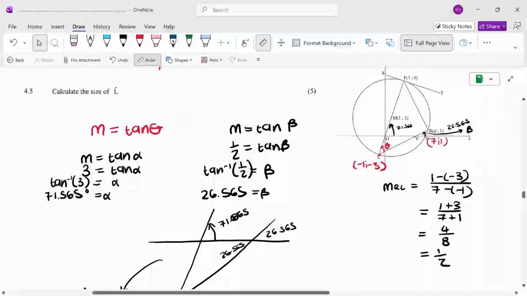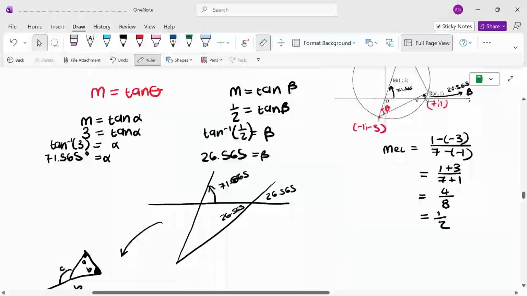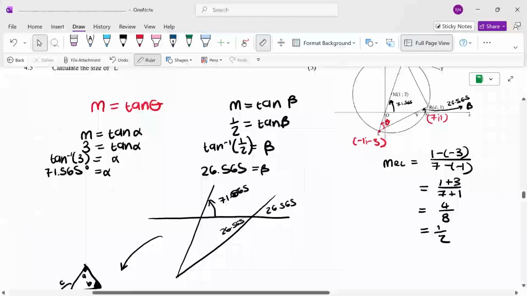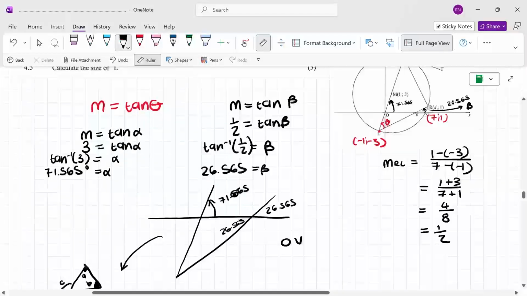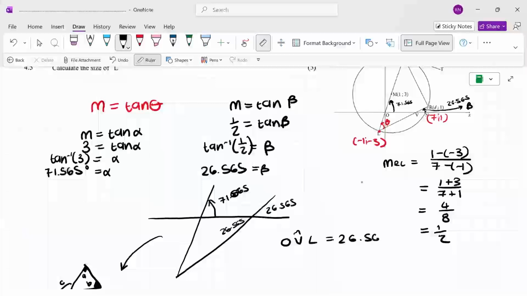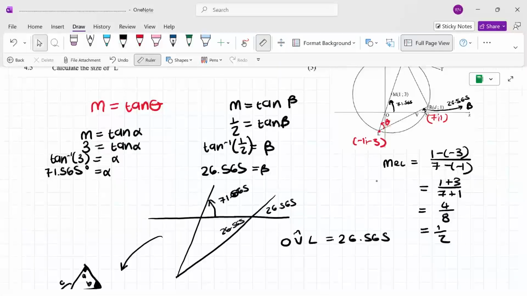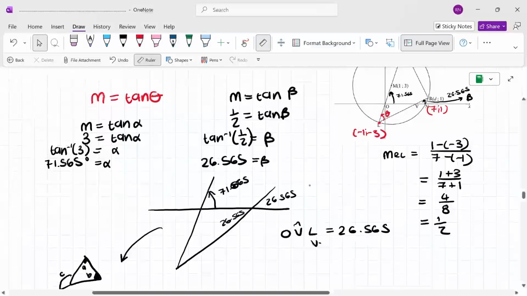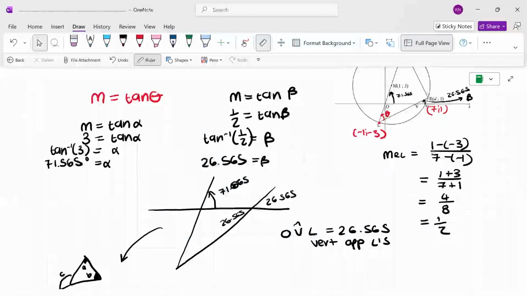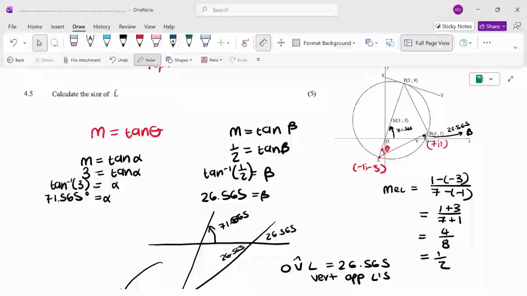You can write it out as angle OVL is equal to 26.565 because of vertically opposite angles. You'd also need to name these. Sorry, I forgot to name these top ones.